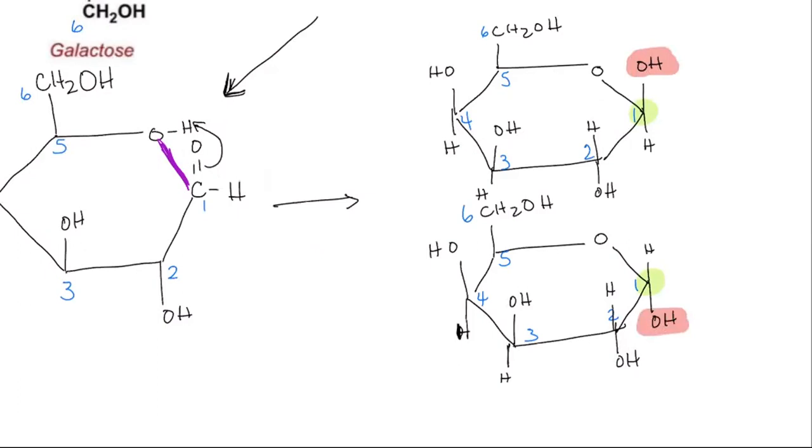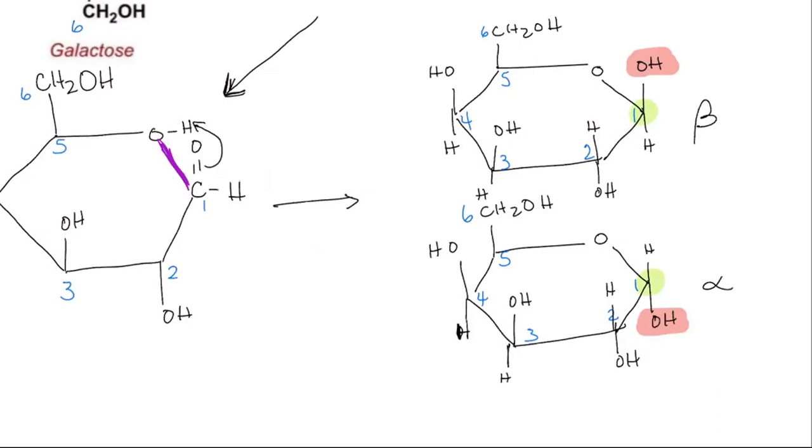If my OH on carbon number 1 is pointing up, that is a beta conformation in my Haworth. If my OH is pointing down, that is an alpha conformation in my Haworth projection.